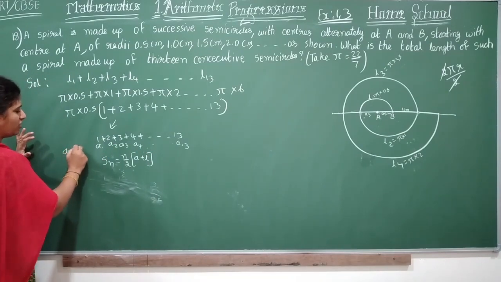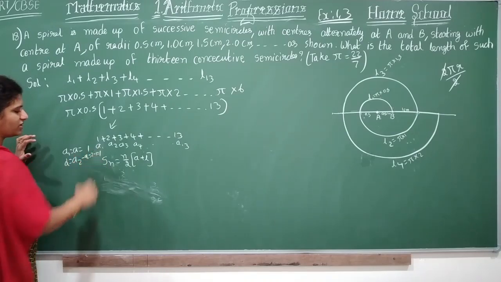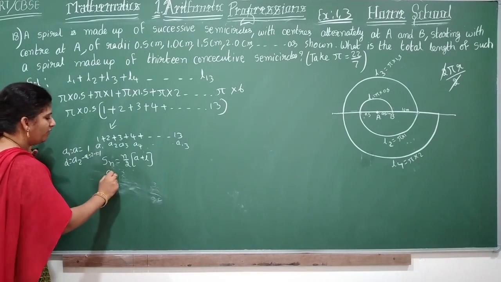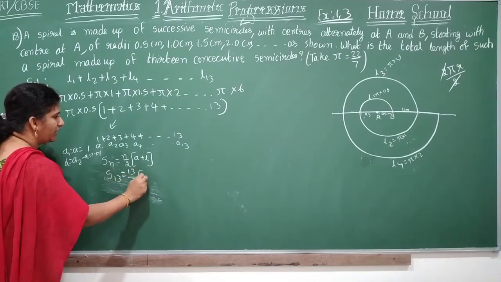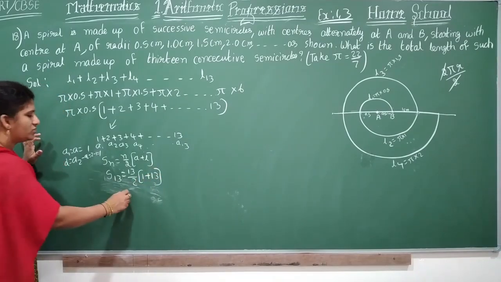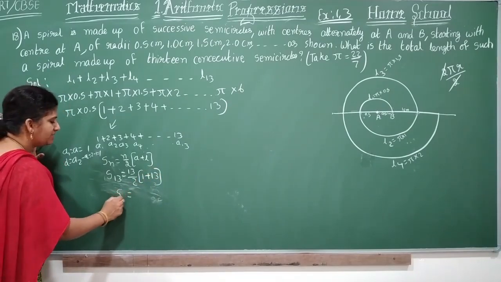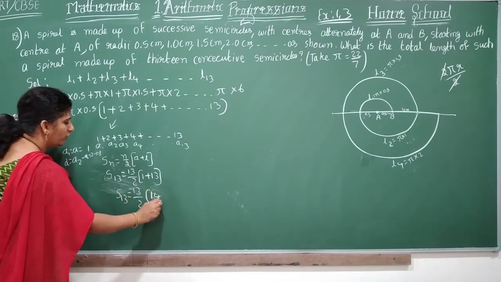Here A1 is equal to A is equal to 1. D is equal to A2 minus A1 is equal to 2 minus 1 is equal to 1. So now S13 is equal to 13 by 2 into 1 plus 13. Yes or no? So that will be 13 by 2 into 14.